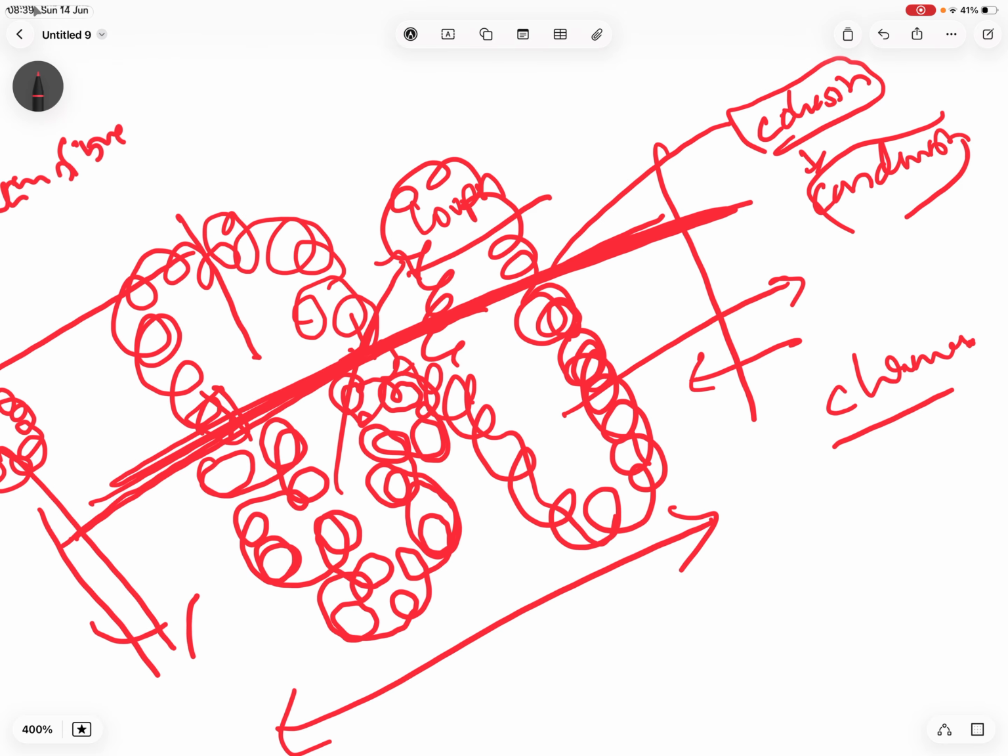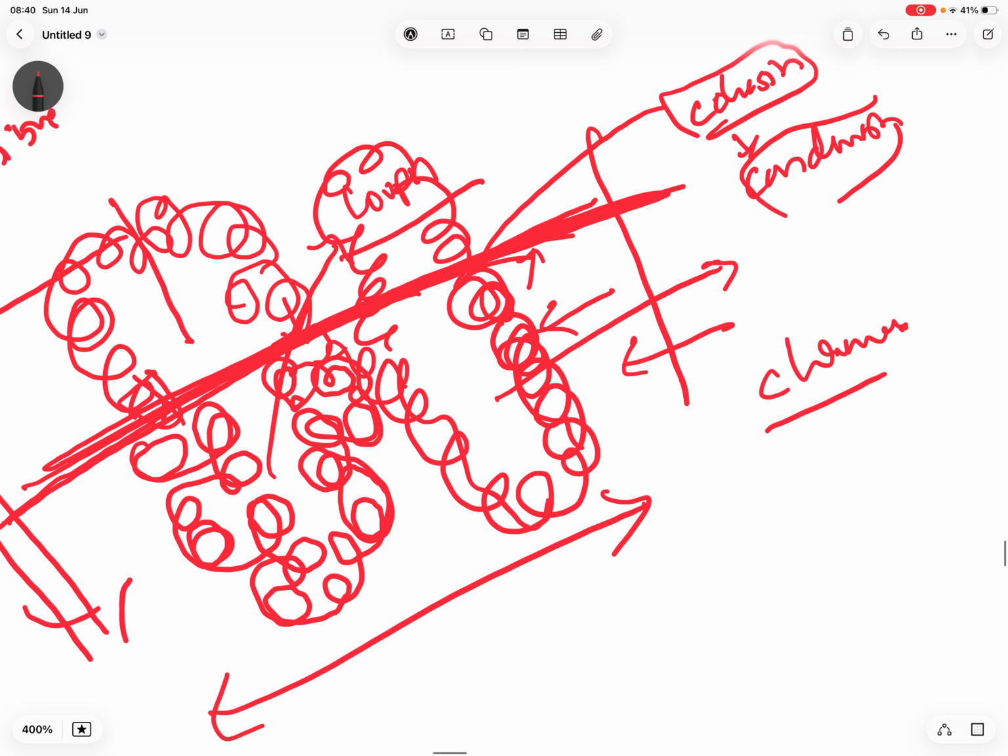Basically, the condensin proteins make these chromatin fibers join with the scaffold structure inside the chromosome. So it's a non-histone protein scaffold. These cohesins are also very important.